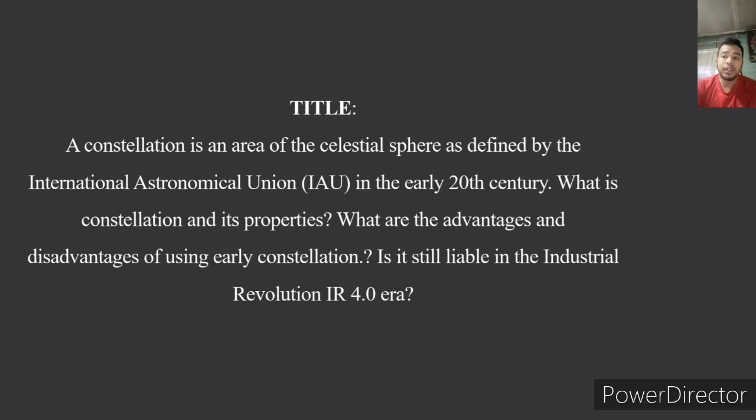What are constellations and their properties? What are the advantages and disadvantages of using early constellations? And is it still reliable in the Industrial Revolution IR 4.0 era?